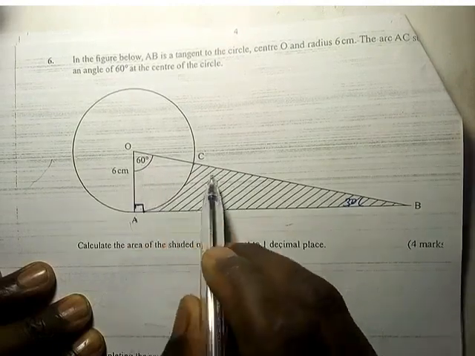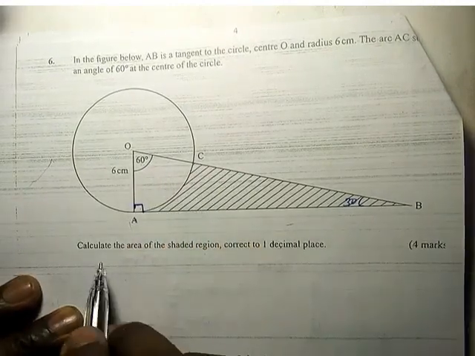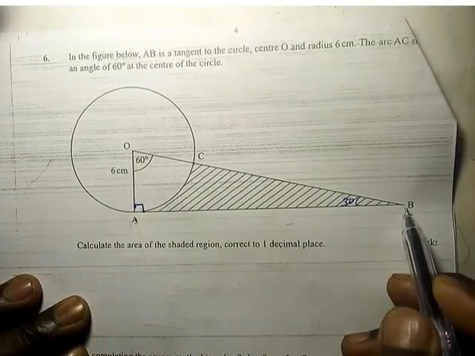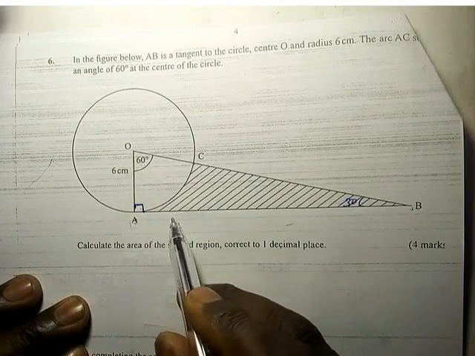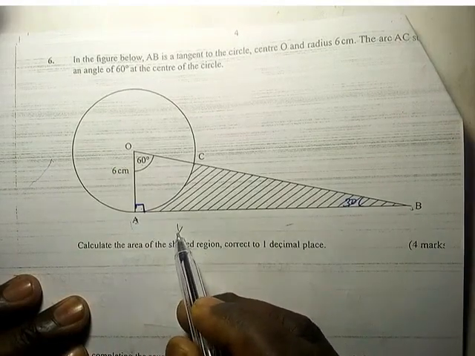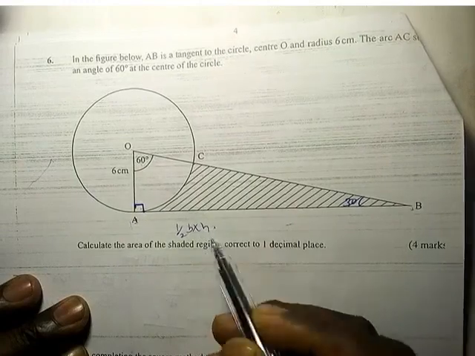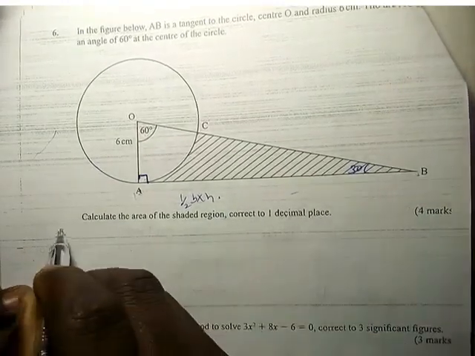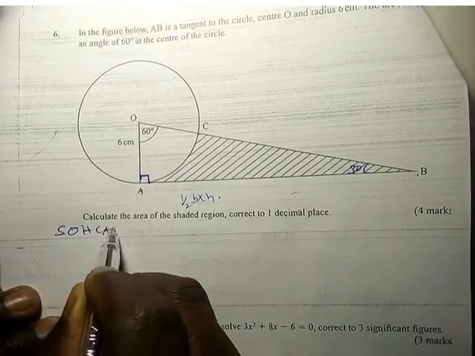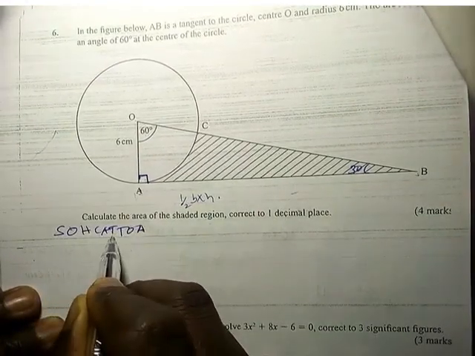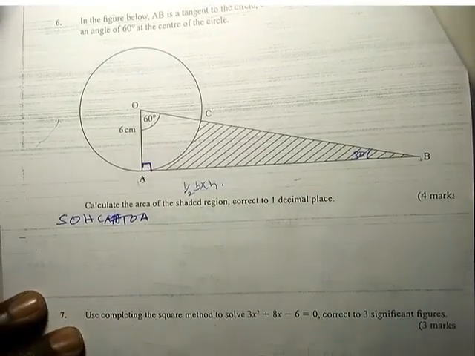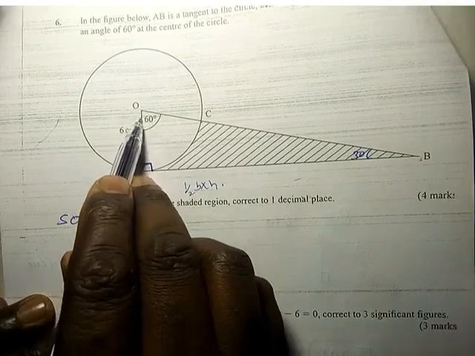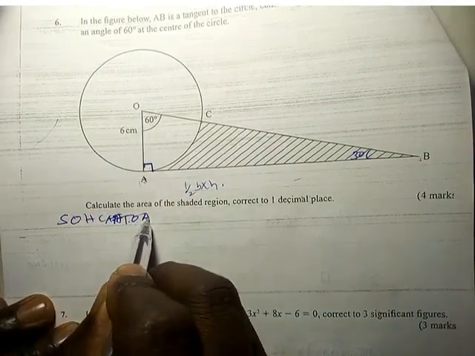Yes, that is okay. So what we want is to calculate the length AB so that we can use the formula of the area, half base times height. So to do that, we are going to use SOHCAHTOA again. Now we know that tan is opposite over adjacent.